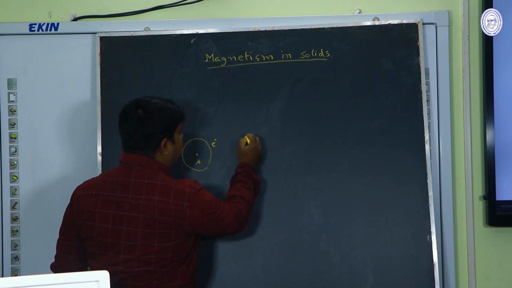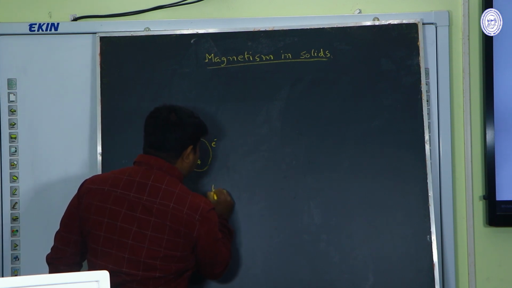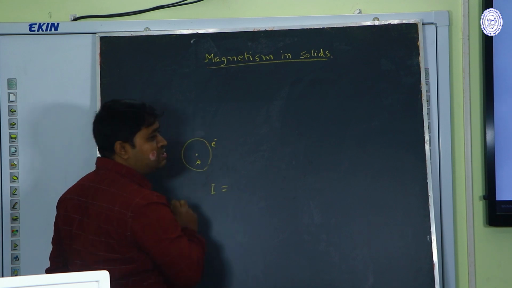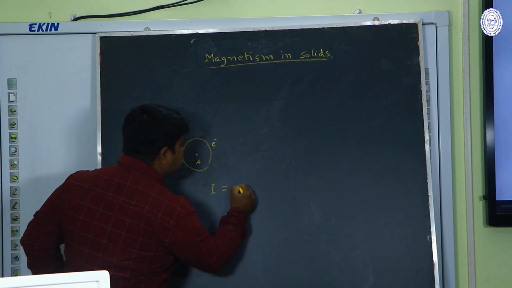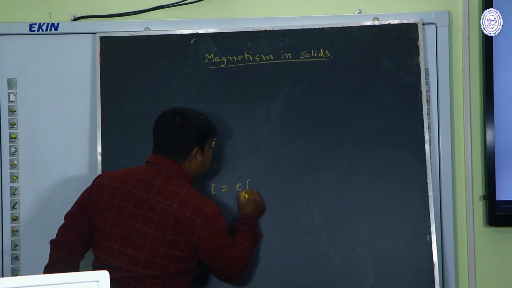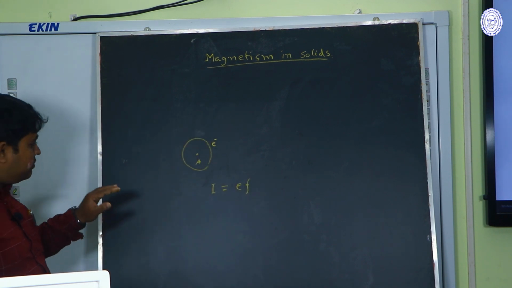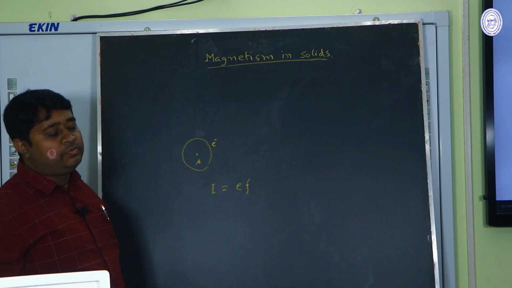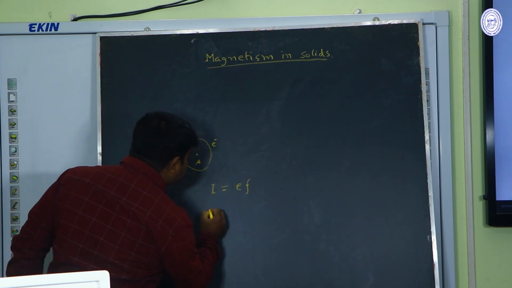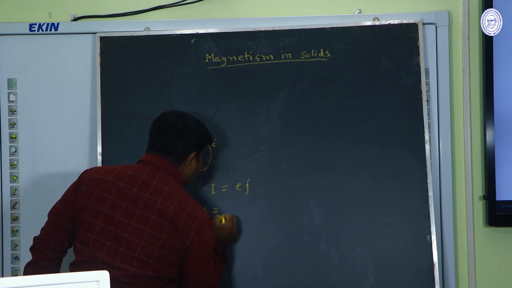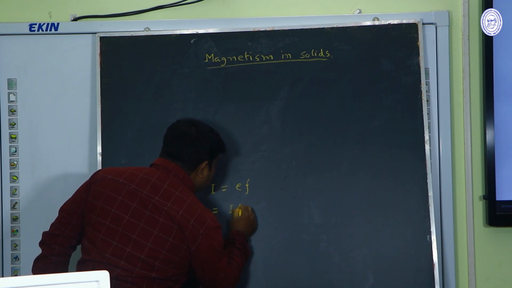This current can be expressed as I equals charge times frequency, and this current can be considered as a magnetic dipole moment, mu, equal to current times loop area.